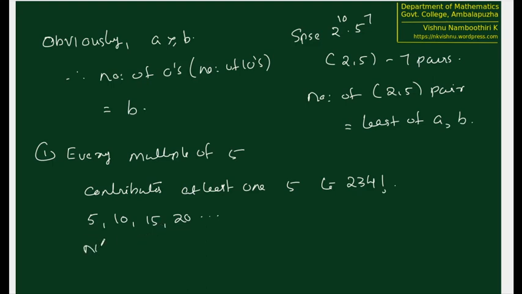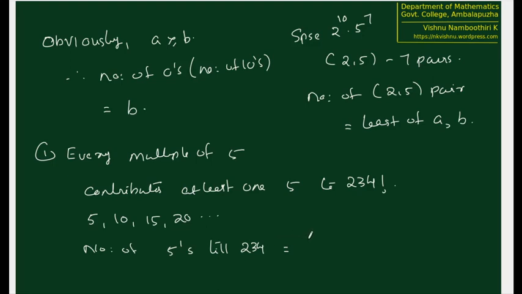See that 234 factorial is made of 1 into 2 into 3 into etc., all the numbers up to 234.